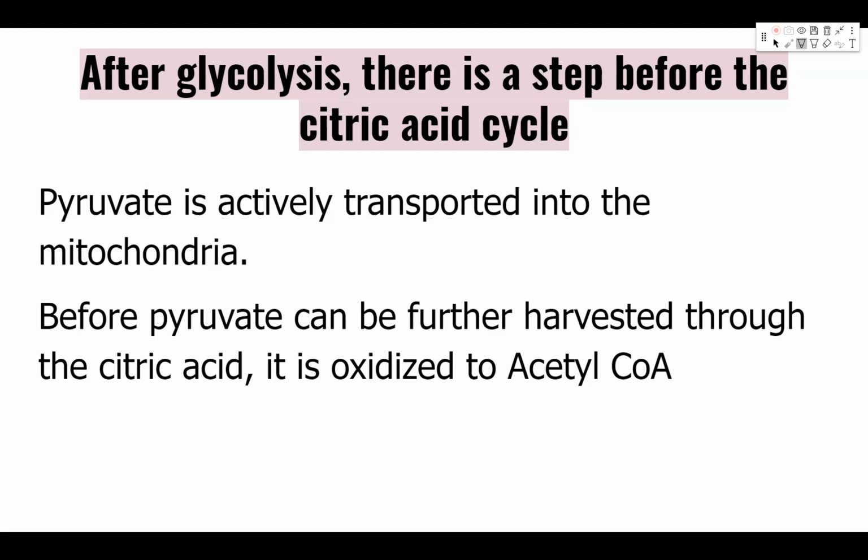But before we can get to the citric acid cycle, we need to transform pyruvate into something called acetyl-CoA. That is going to be fed into the citric acid cycle. So if you want to underline acetyl-CoA, that way we know where that word's coming from.